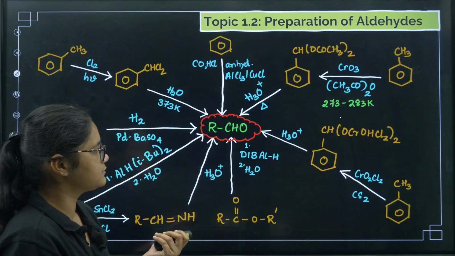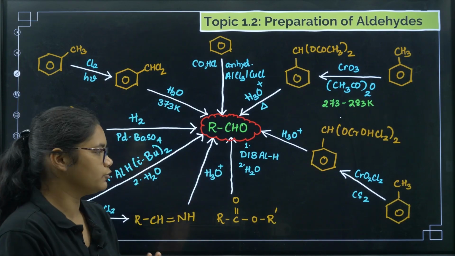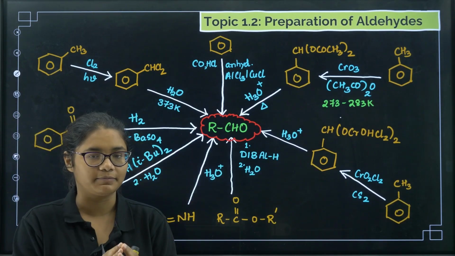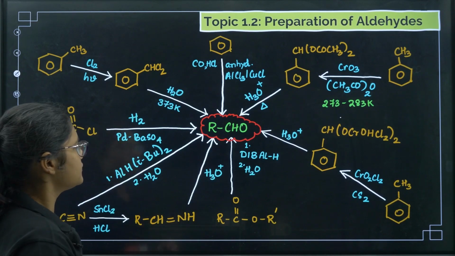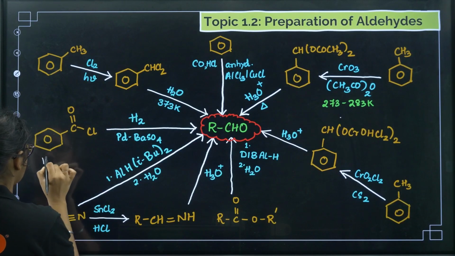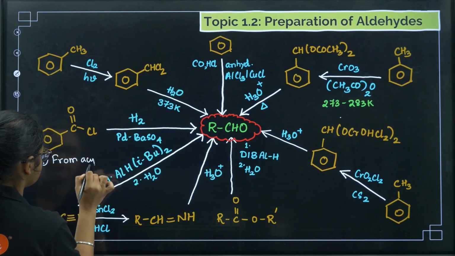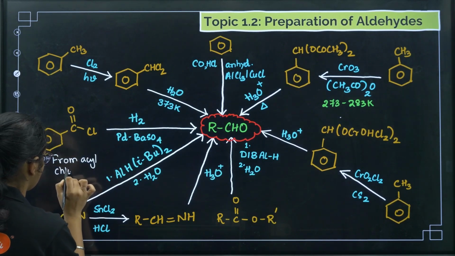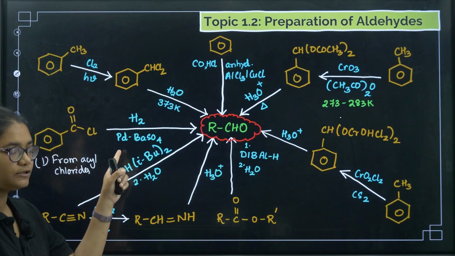So now let us see this one. You can see this is a very important flow chart. The first method of preparation was from acyl chlorides, so we'll go to that first. Now what is the reagent to be used?